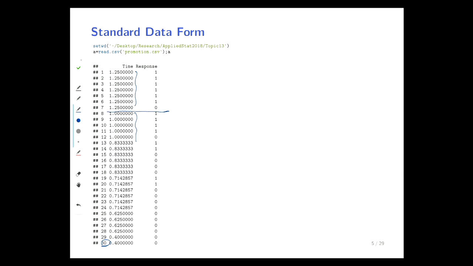For instance, some customers are willing to buy the product, however, some other customers are not willing to buy the product. So that's our data set, and here we give it a name. We call it a standard data form for this binary response.